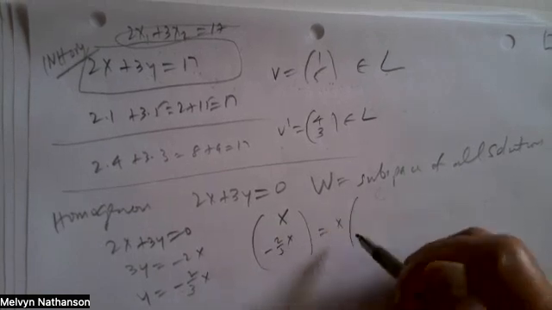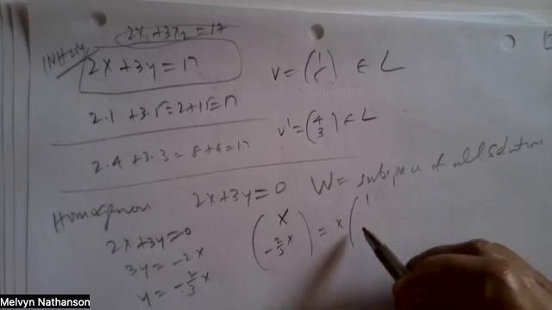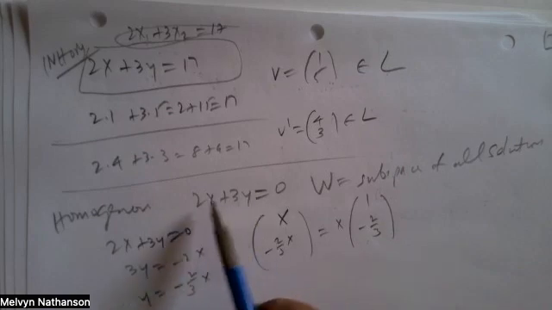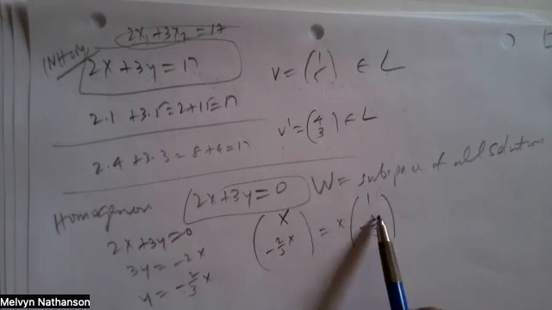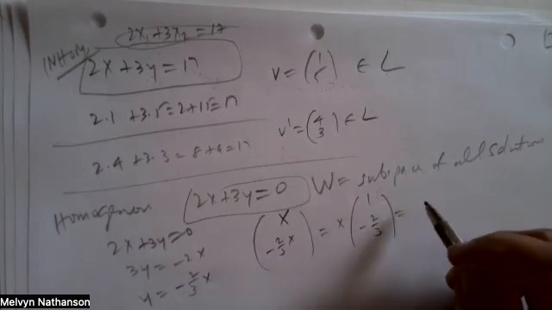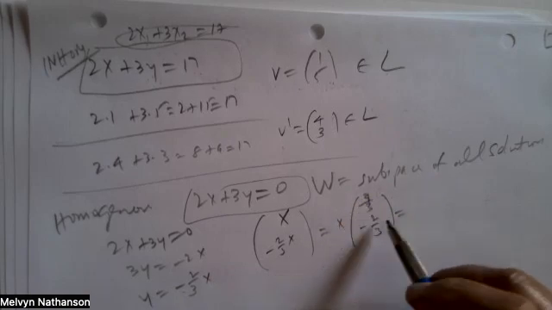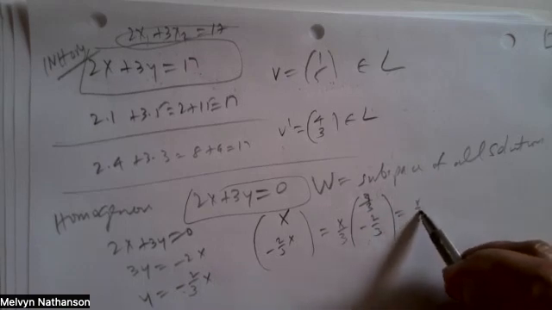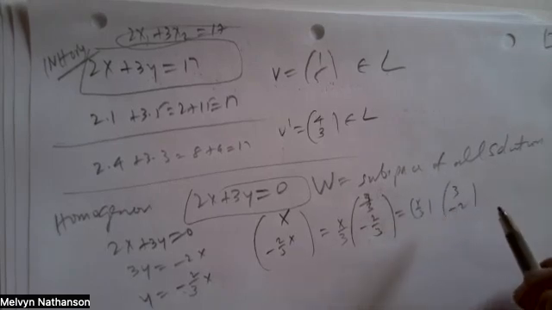So this is x times the vector (1, -2/3). Every solution of this equation is some scalar multiple of this vector. Or if I like, I could write 1 as 3 over 3, and if I factor out the 3, this is like some x over 3 times the vector (3, -2).